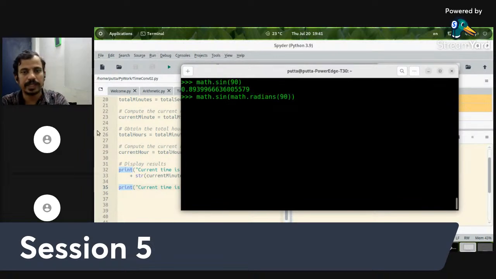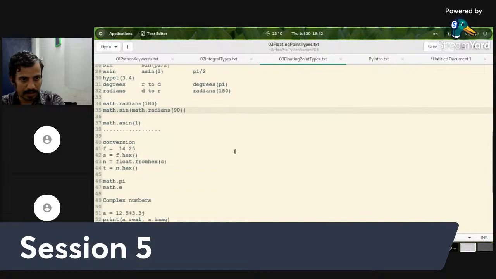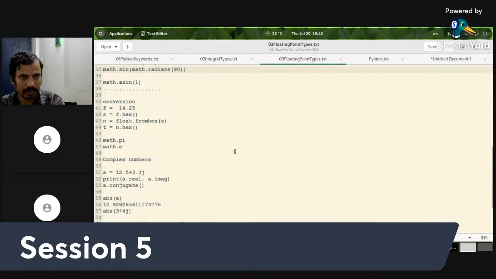First the inner math.radians converts 90 to pi by 2, and then when we apply sine on it, we get the result to be 1. Okay, execute this. So from now onwards, if you want to find the sine of an angle where input is given in degrees, you don't need to do the conversion. You can use math.radians to do the conversion on your behalf. Okay, fine.